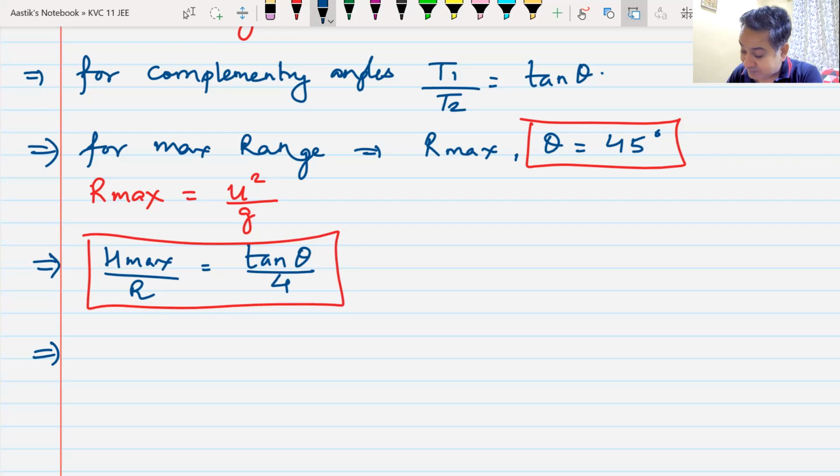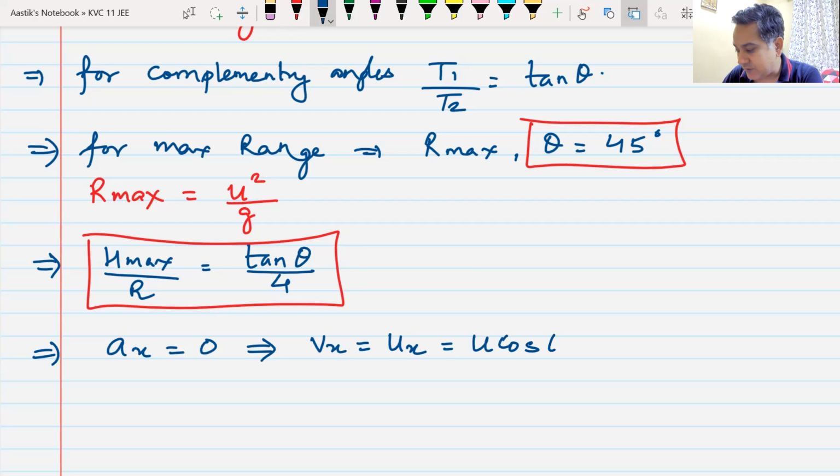Remember, acceleration along x is equal to 0. That implies Vx is equal to Ux is equal to U cos theta. We remember this. The horizontal component of velocity never changes. Ay, acceleration along y, is equal to minus g.